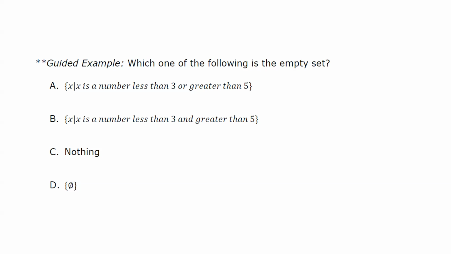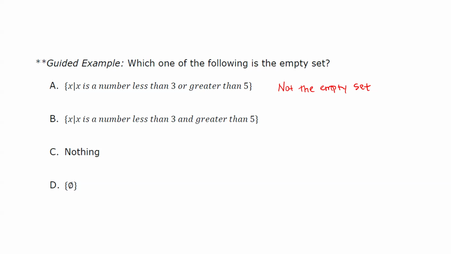Well, in this set, we have numerical values, numbers that are less than 3, like 1, 2, 0, or greater than 5, like 6, 7, and 8. So this would not be an empty set. And remember, it is not the empty set because it contains elements.